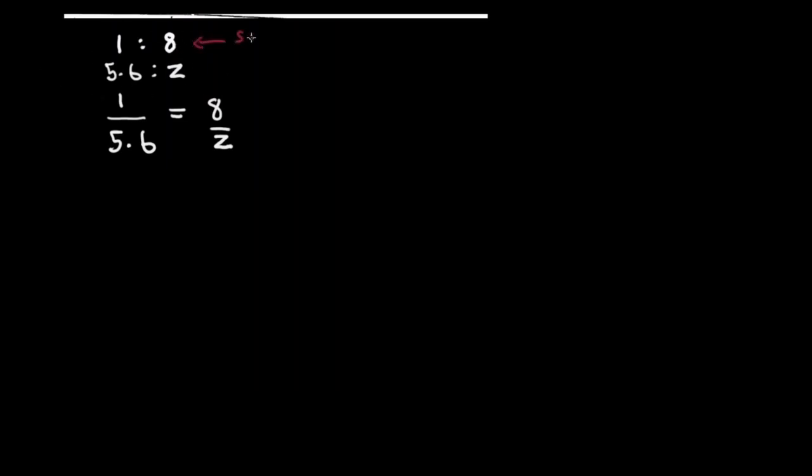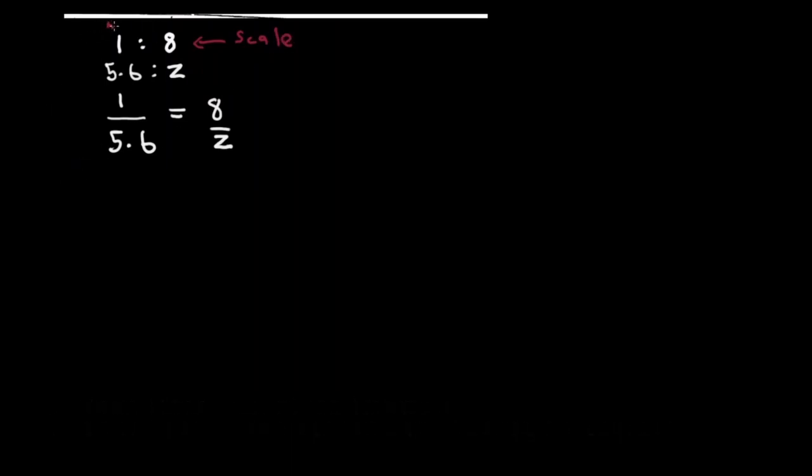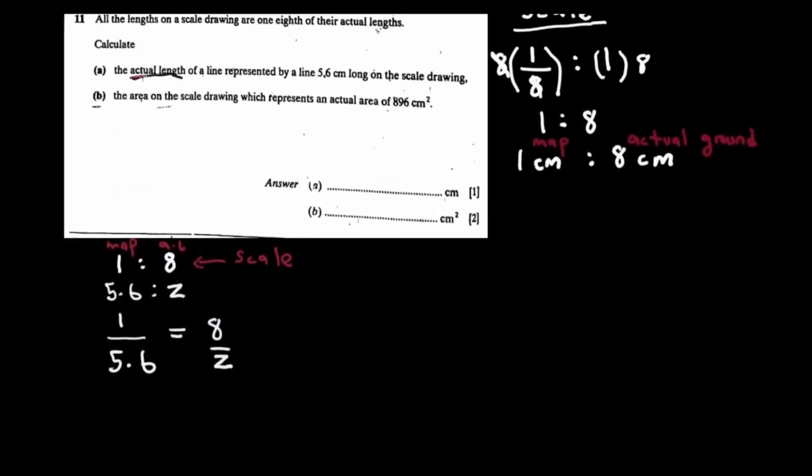What you should note here is your statements here should be correct. This is the scale, right? And here we are having scale drawings. I'll just say map because scale drawings are usually put on a map, and here we have the actual ground. Our question demands, as we've indicated here, that we find the actual length.